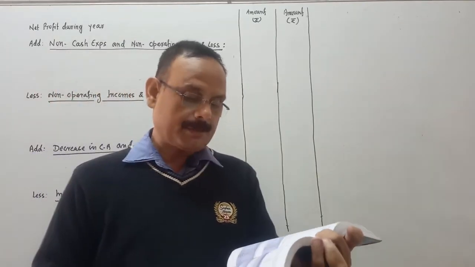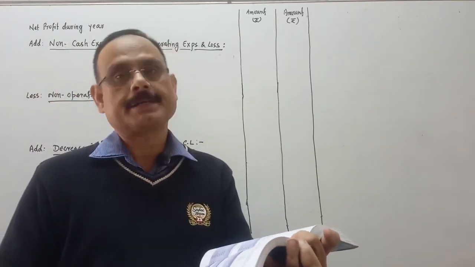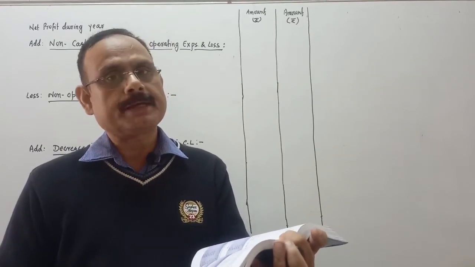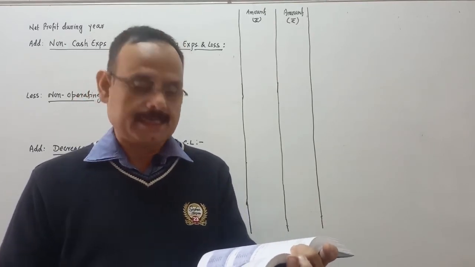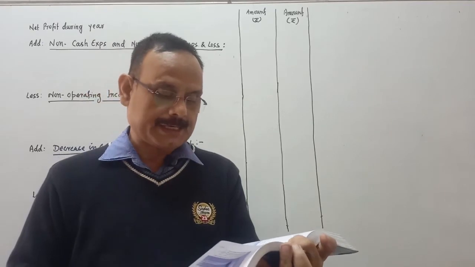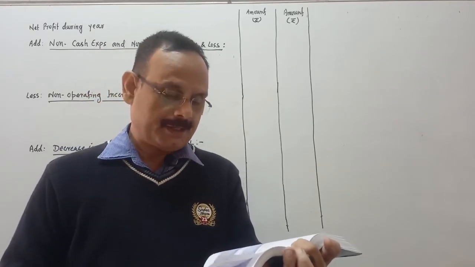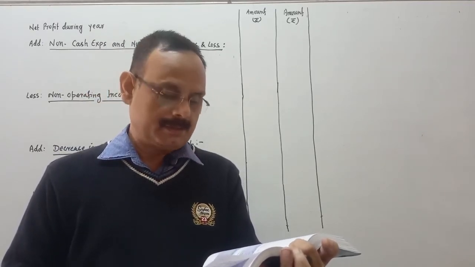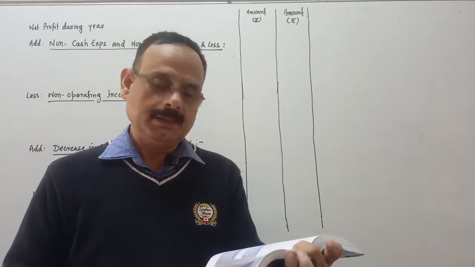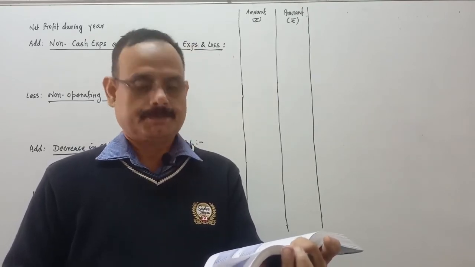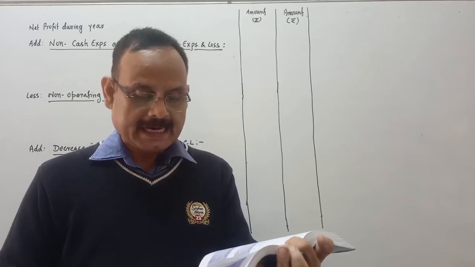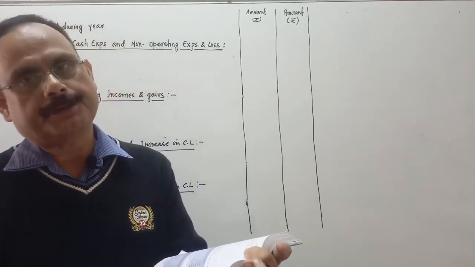Thereafter, additional information is given regarding some items for the two consecutive years 2017 and 2018: trade receivable, inventory, cash in hand, trade payables, expenses payable and bank overdraft. Ascertain the net cash flow from operating activities.